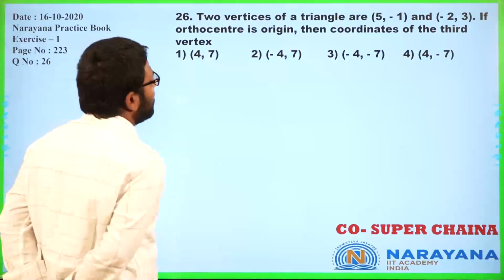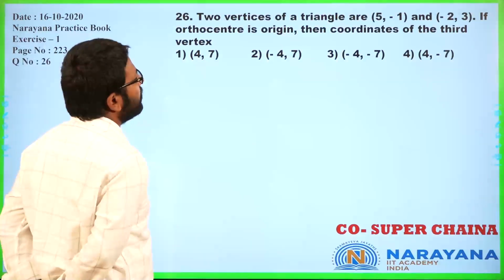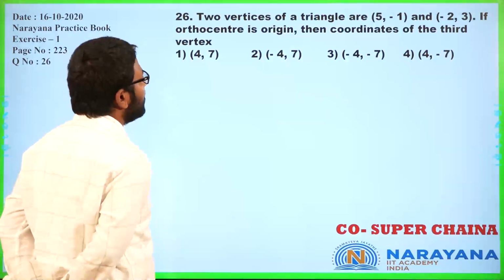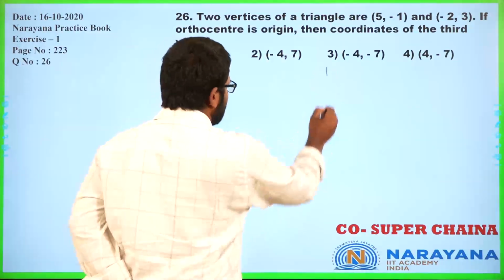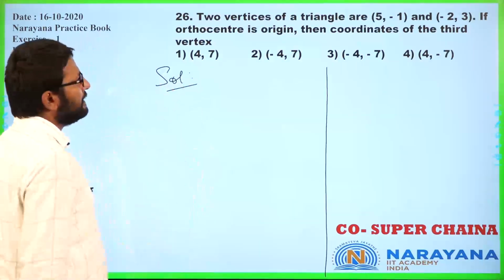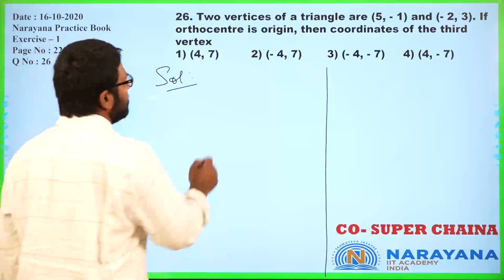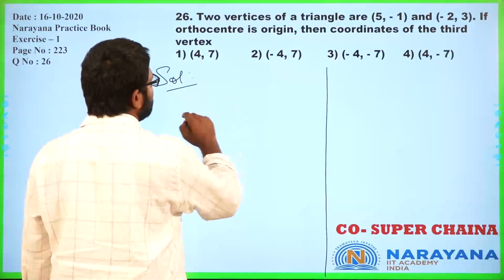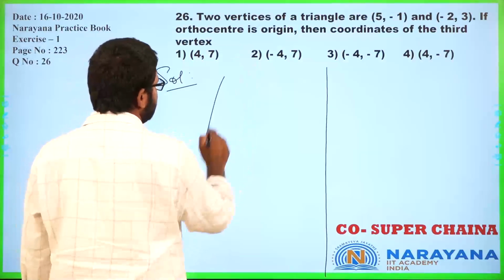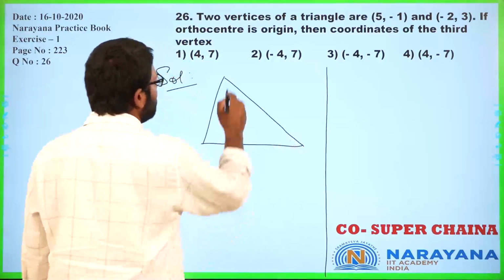Two vertices of a triangle are (5, -1) and (-2, 3). If the orthocenter is the origin, then what are the coordinates of the third vertex? So we have something like this: the orthocenter is the origin, right? So there is a triangle.